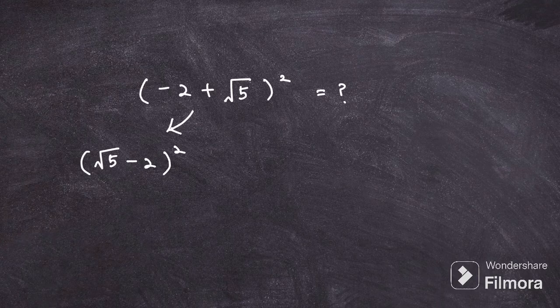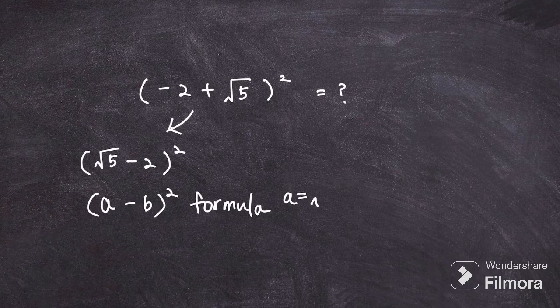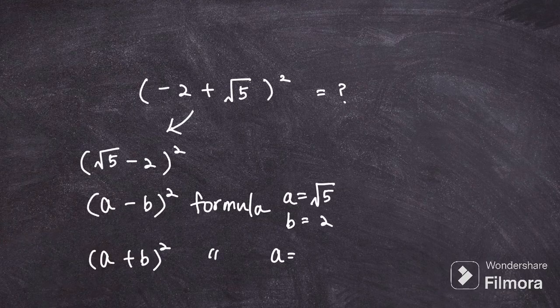So you can solve by applying the a minus b squared formula, where a is square root of 5 and b is 2. Or you can use the a plus b squared formula using a is square root of 5 and b is negative 2. Now you see how it will all check out, right? So that's one way.